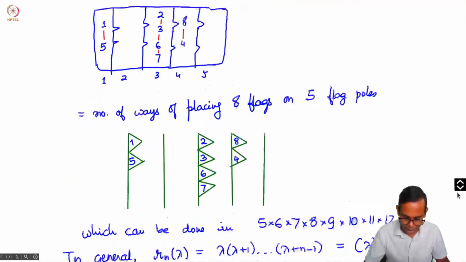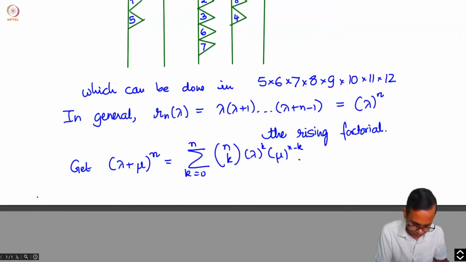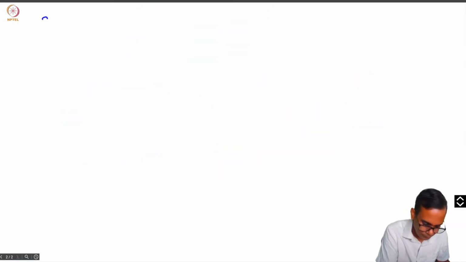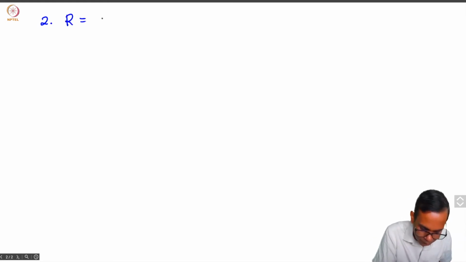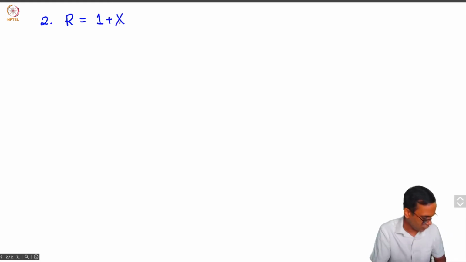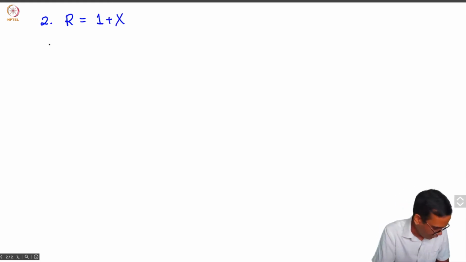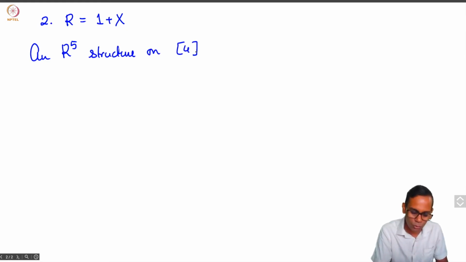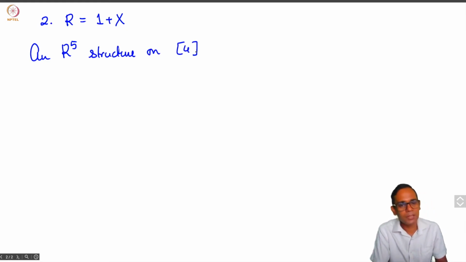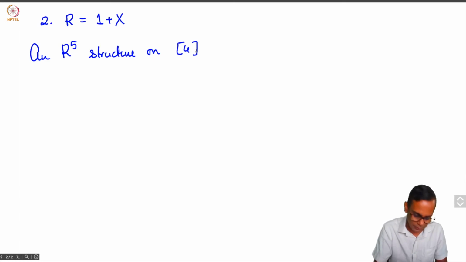Okay, so let's look at another example. Let's take R to be the species 1 plus x. So it's either an empty set structure or a singleton set structure. So an R5 structure on, say, 4: you can't have an R5 structure on a set with more than 5 elements, because you'll have to divide the set into 5 pieces, and each piece you can have at most 1 element.